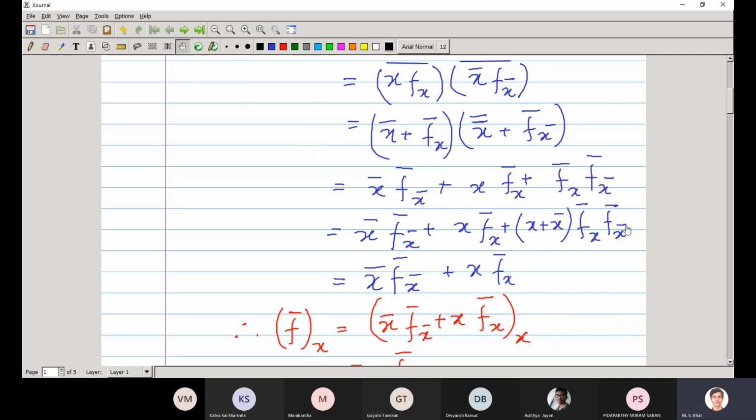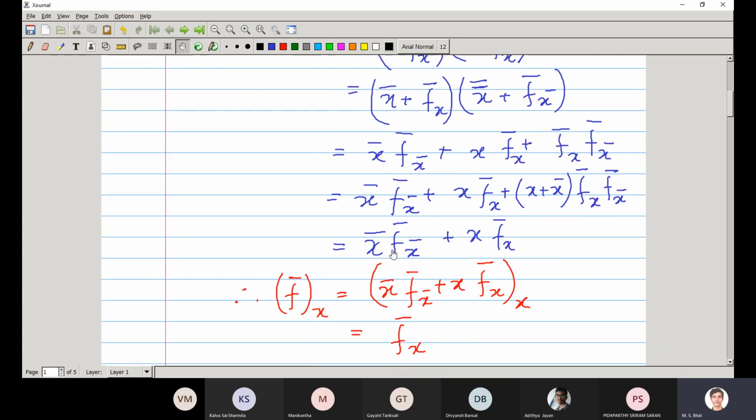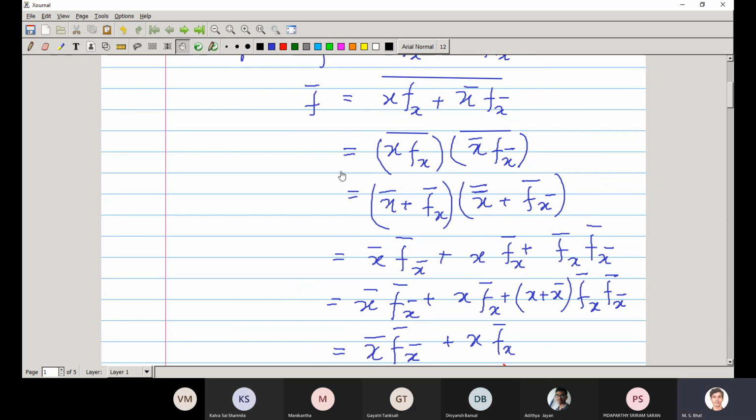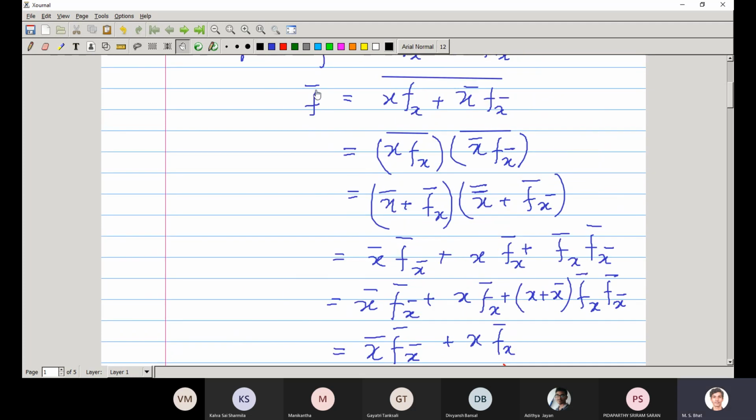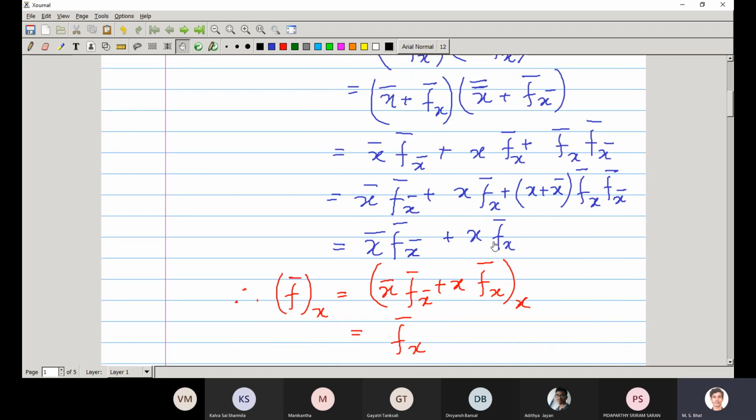So essentially what you are left with is only this and this. That is why you get this: x bar fx bar bar plus x fx bar as the complement of function f in terms of its cofactors. In other words, the complement of the function can be represented in terms of the complement of the cofactors like this.